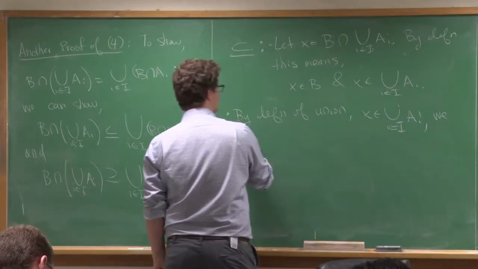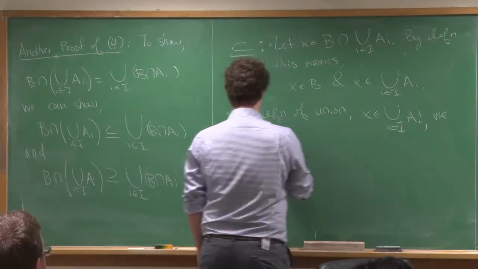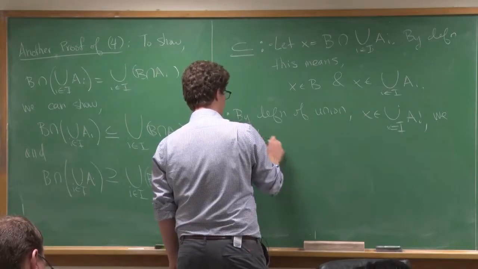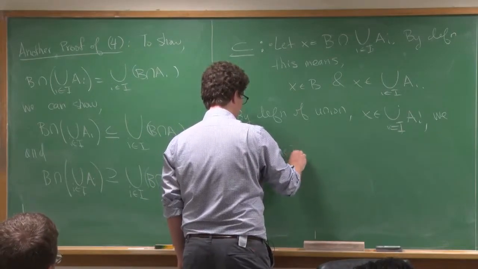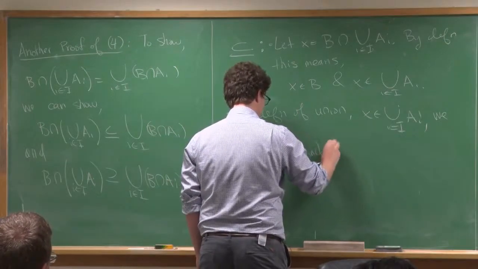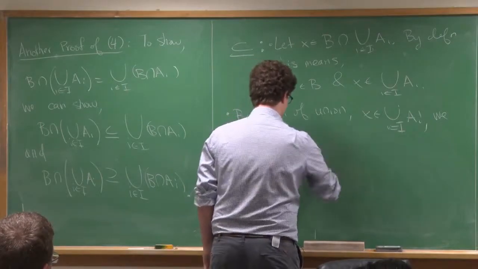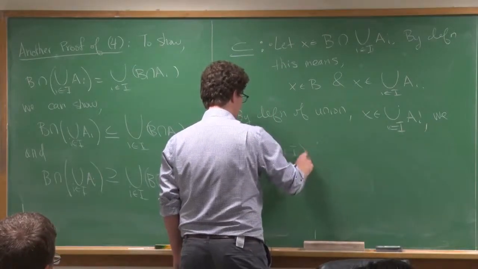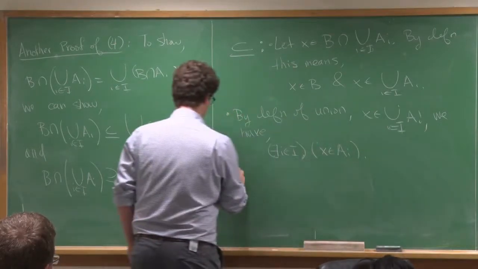So by definition of this, we have the following proposition: there exists some i in I such that x is an element of A_i.